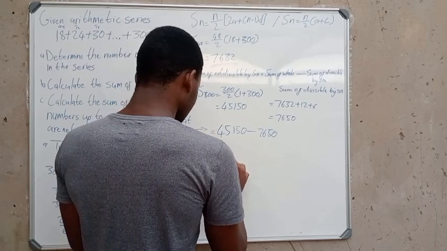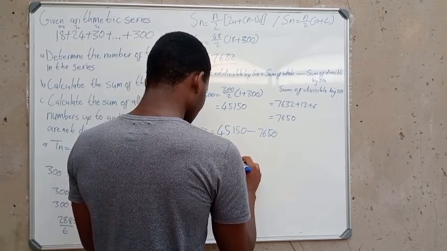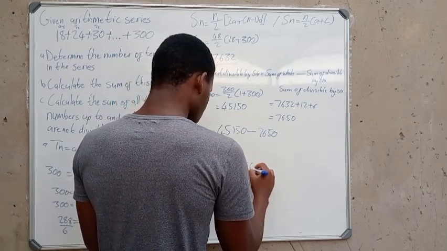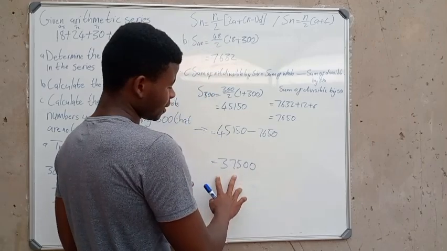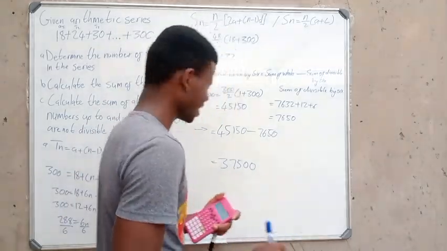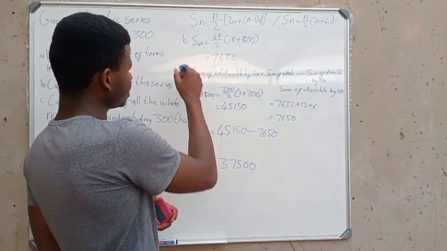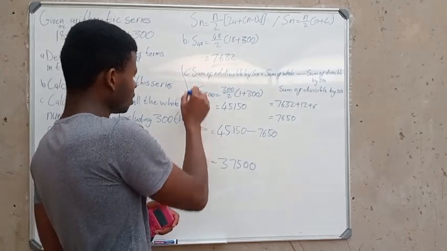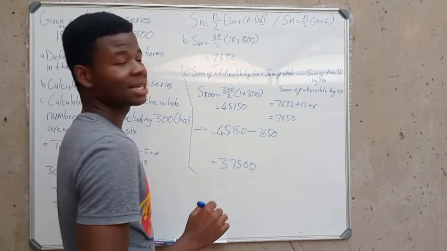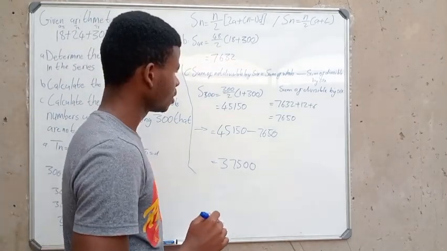Then it gives us 37,500. So guys, this is the answer for our C.